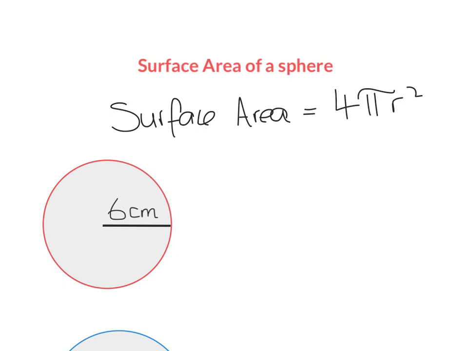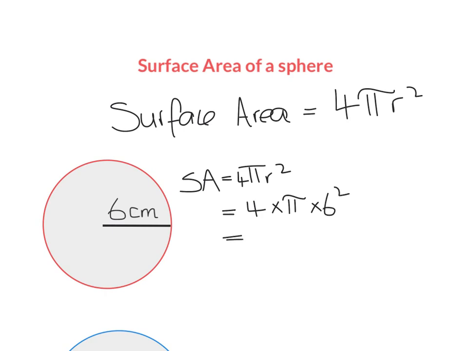If this here was, I know it looks like a circle, but if this was a sphere, we would just say the SA for surface area is 4 pi r squared, which is 4 times pi times 6 squared.